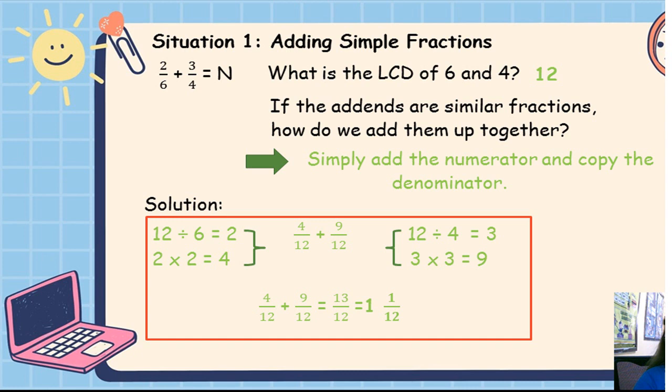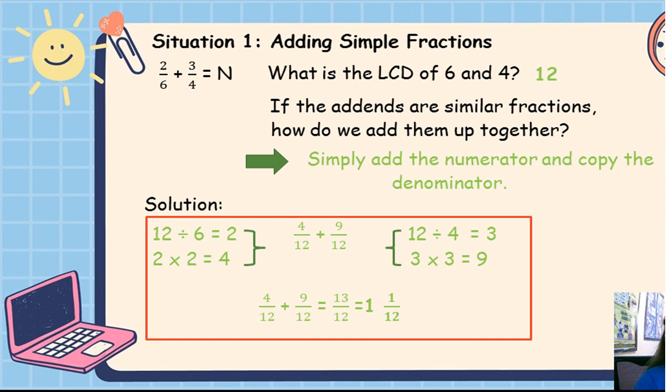So we get 4/12. You can observe that the 12 became the denominator. Next one. We have 12 divided by 4. That is 3. Multiply it by the numerator, which is 3. The answer is 9. So, we have now 9/12.